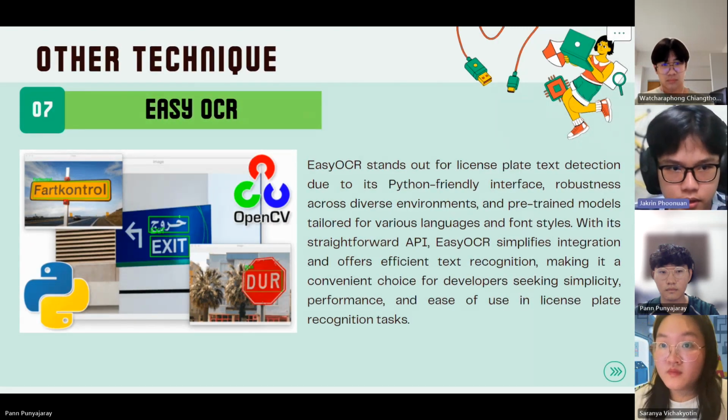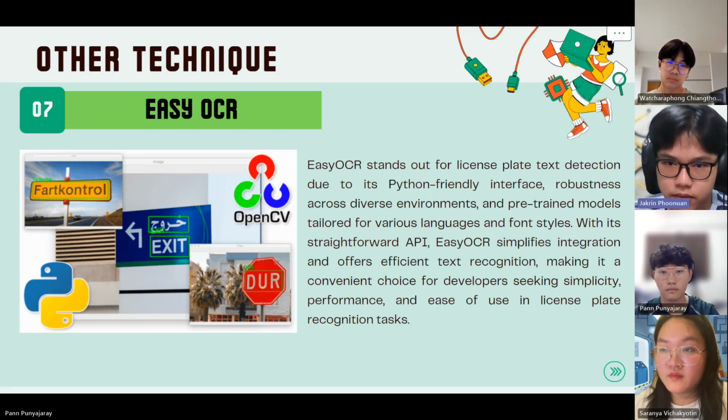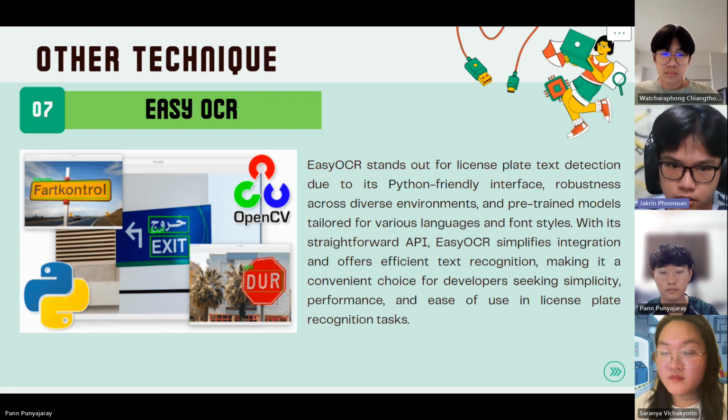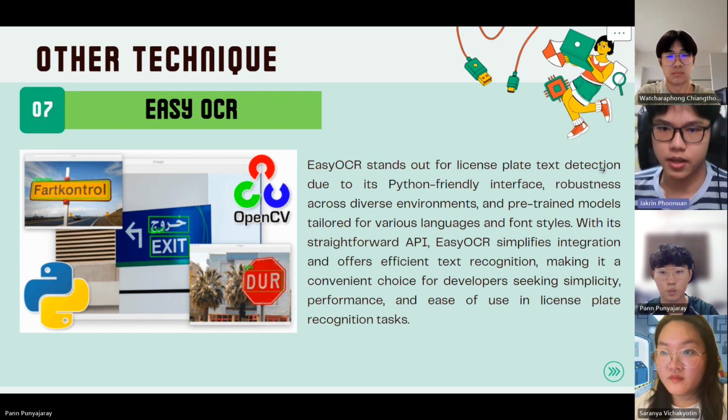And the last one is the EasyOCR. The EasyOCR stands out for license plate detection due to its Python-friendly interface, robustness across diverse environments, and pre-trained models suitable for various languages and font styles, with its straightforward API.